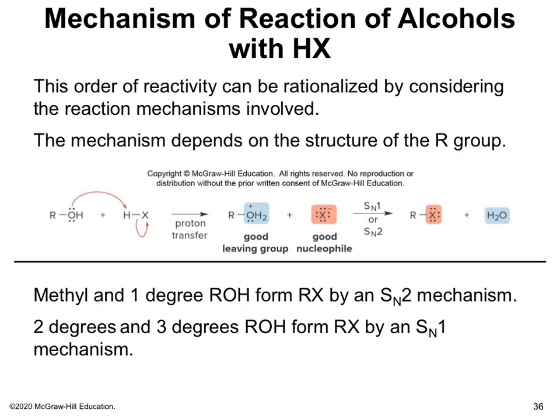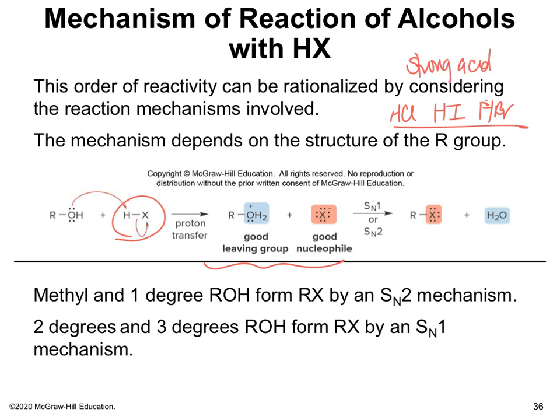Here's an example of what we just talked about. You protonate, so HCl, HI, HBr. These are strong acids, so they can protonate the OH, and they protonate it to make it a good leaving group.